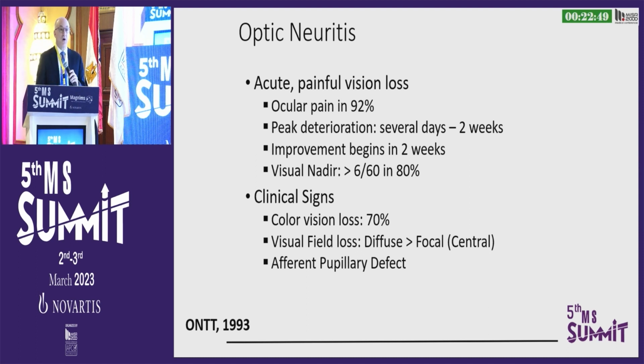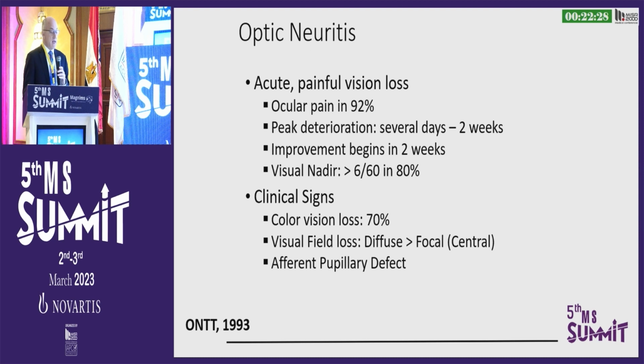What makes it typical? By virtue of the 150 patients enrolled in the Optic Neuritis Treatment Trial in 1993, we know that eye pain, in 90% of patients, and peak deterioration within 2 weeks are the seminal clinical hallmarks of optic neuritis: painful acute vision loss.